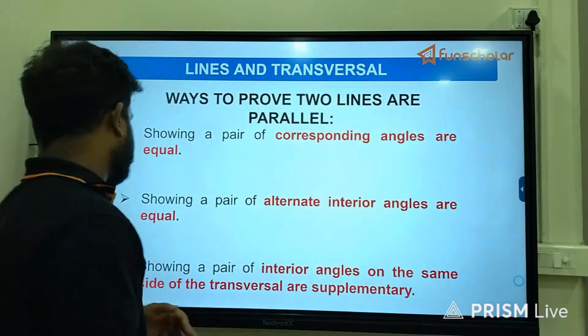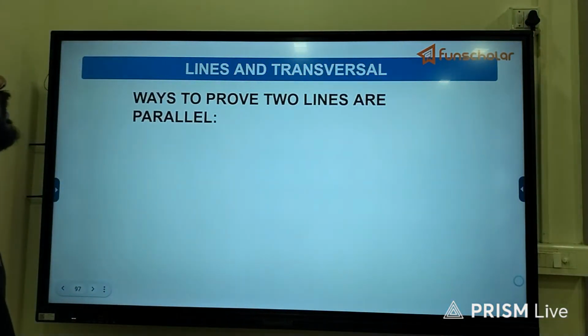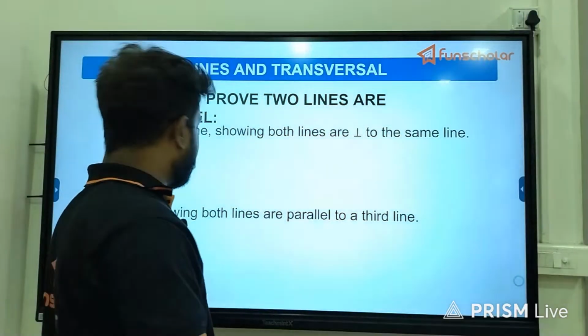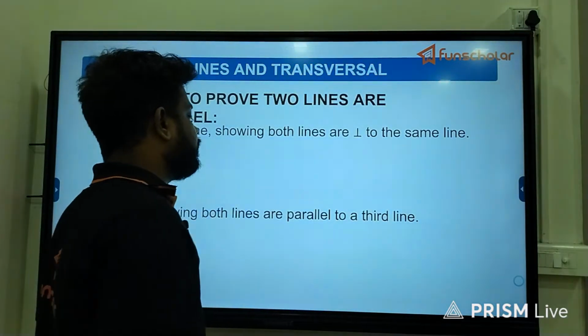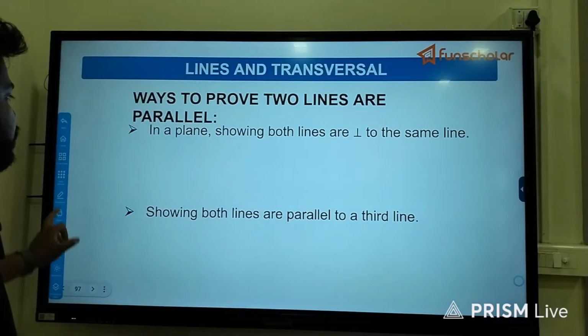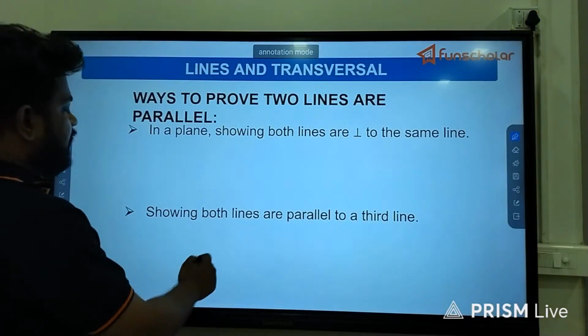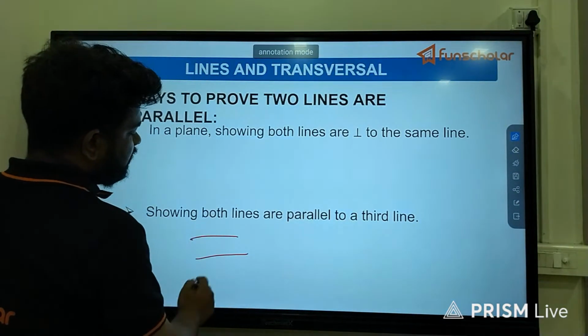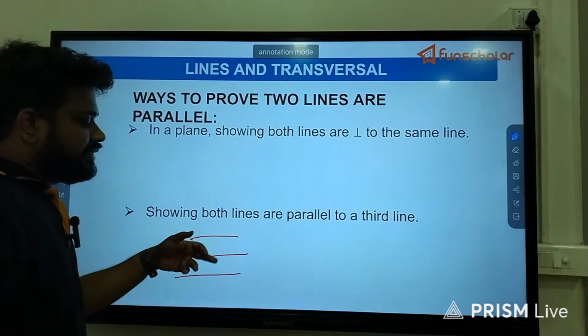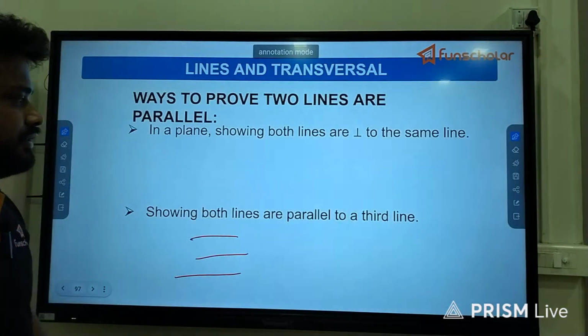Ways to prove two lines are parallel: in a plane, showing both lines are perpendicular to the same line, or showing both lines are parallel to a third line. So if this line is parallel to this, we have to show that this is parallel to both, so we can say that these three lines are parallel to each other.